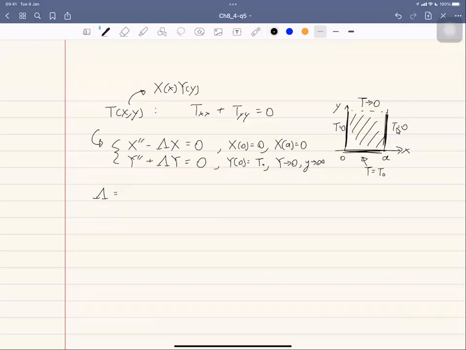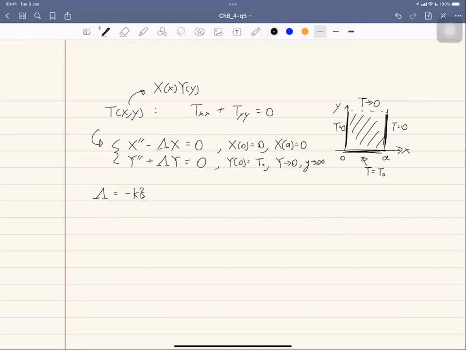To ensure that, we can let lambda equal k squared. So just make another variable instead of lambda. Remember, lambda is just something we invented to ensure the separation of variable equals a constant on both sides. We want to find out what lambda is, but we're not tied to lambda. We can use a different variable.